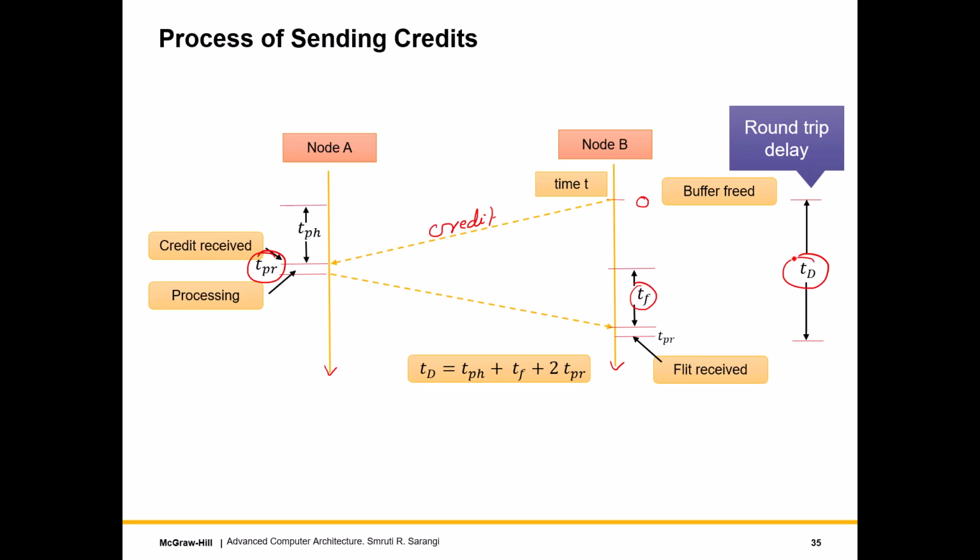Furthermore, TD can be defined as a sum of these components, that is, a sum of TPH, TF, and 2 times TPR, because 1 TPR is incurred over here and 1 is incurred over here. This is called the credit round trip delay.